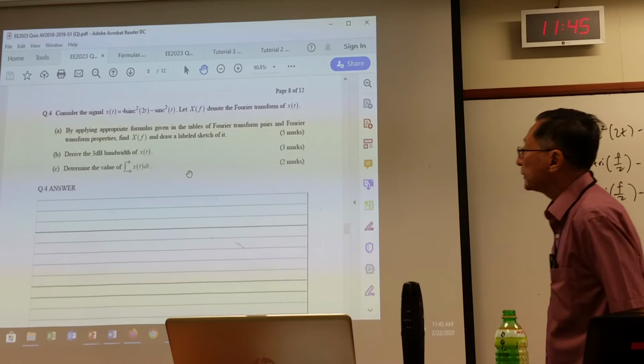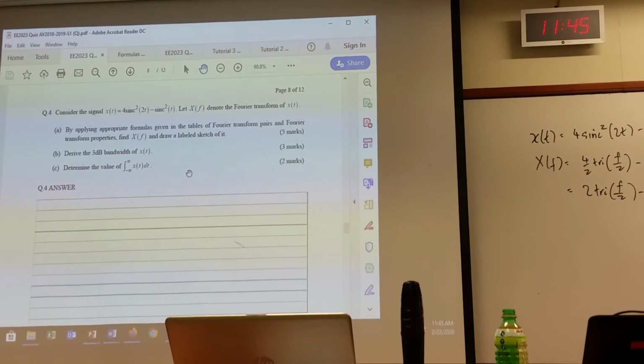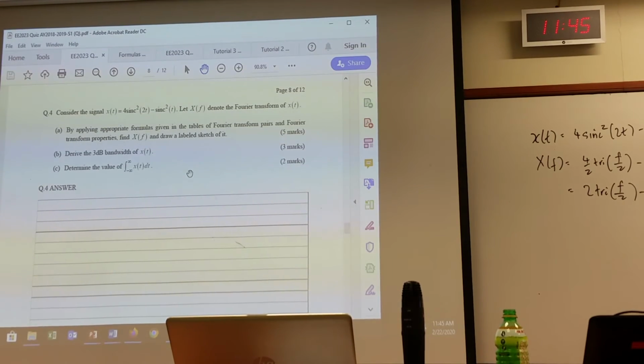Part B. Find the 3 dB bandwidth. So this is a spectrum of X(f). I clean it up now so it's easier to see.